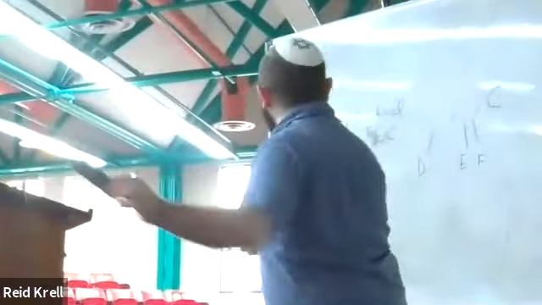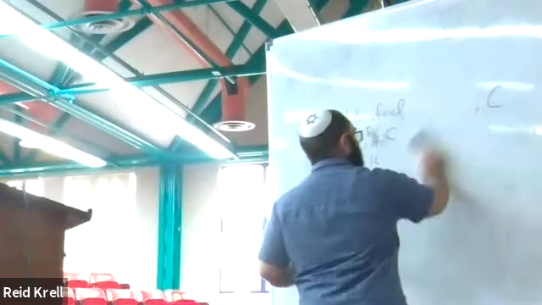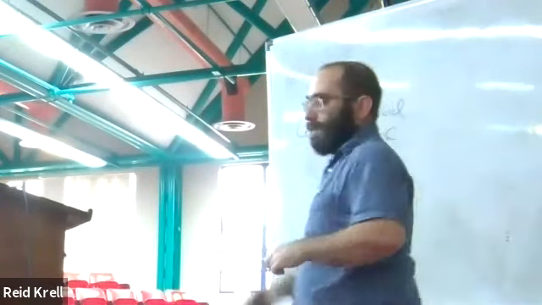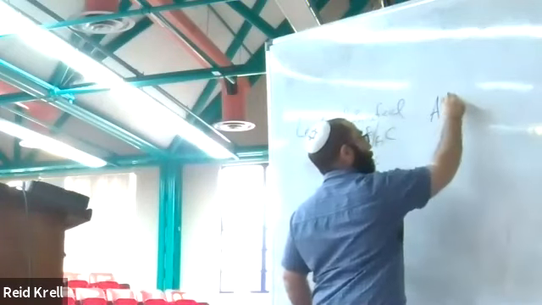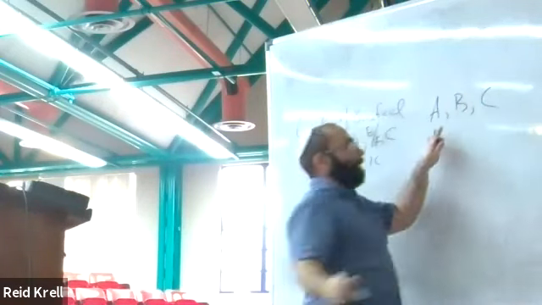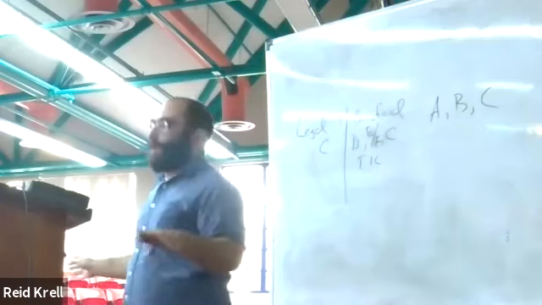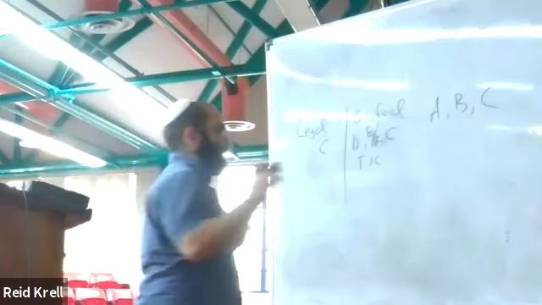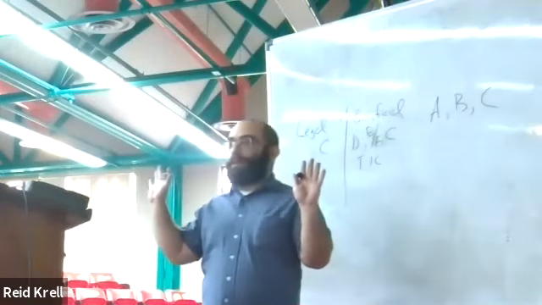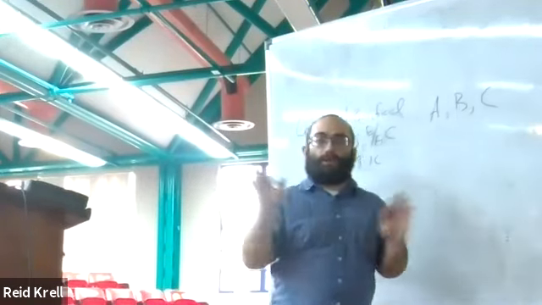Let's go back to our old friends A, B, and C. Let's say that they've bought a piece of property and it cost them $1 million, just because it's a nice round number, no significance to the number.